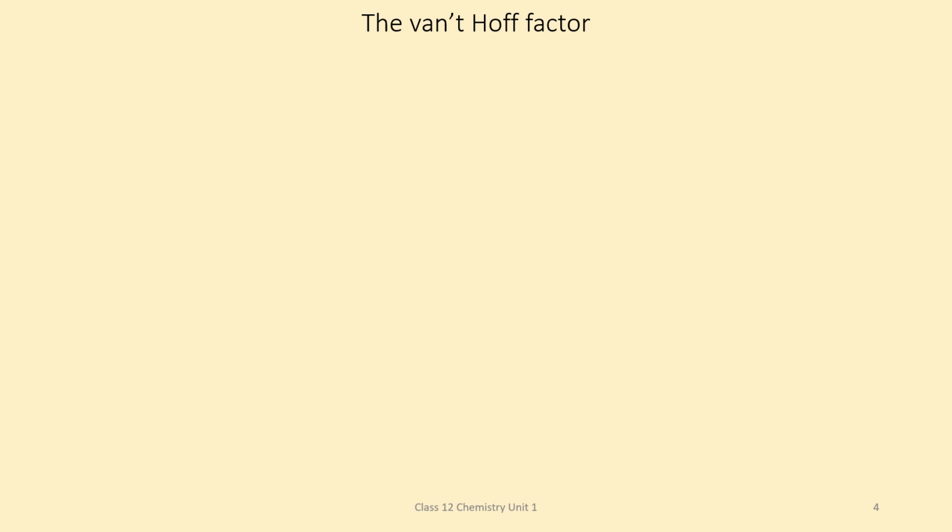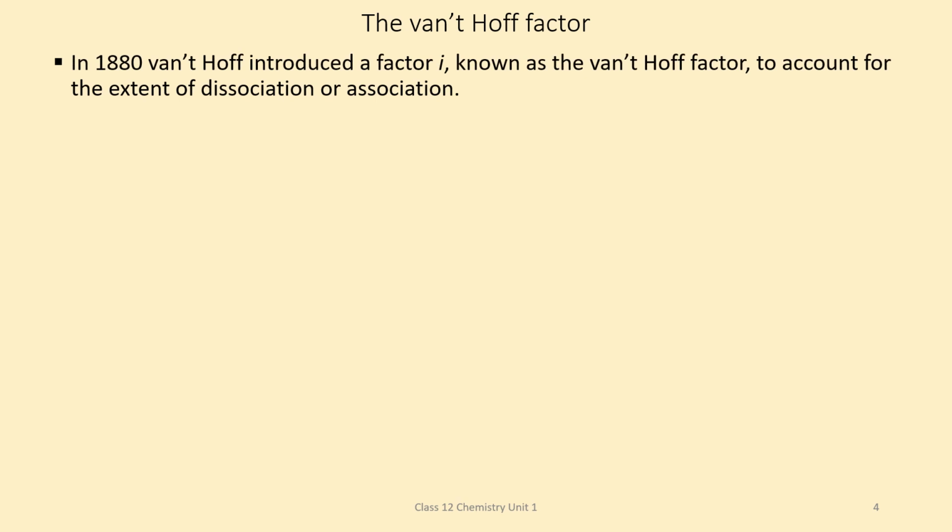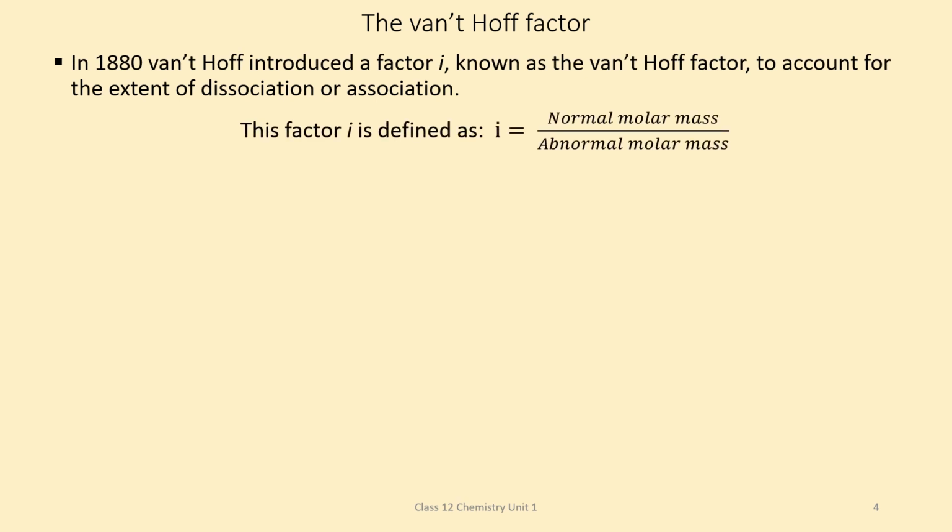Van 't Hoff factor. In the year 1880, Van 't Hoff introduced a factor i known as the Van 't Hoff factor to account for the extent of dissociation or association. This factor i is defined as i equals normal molar mass divided by abnormal molar mass, that is equal to observed colligative property divided by calculated colligative property.